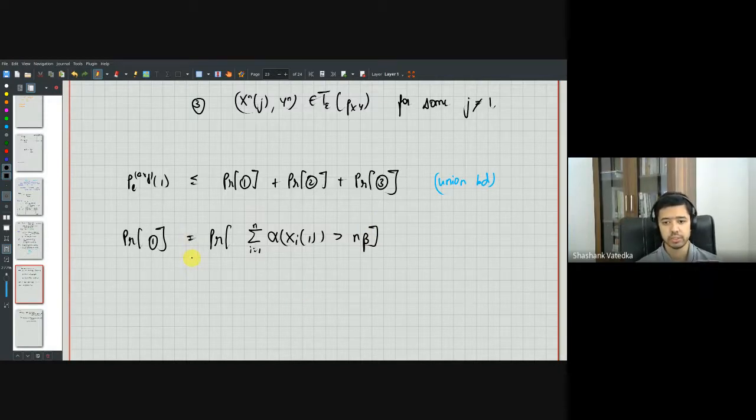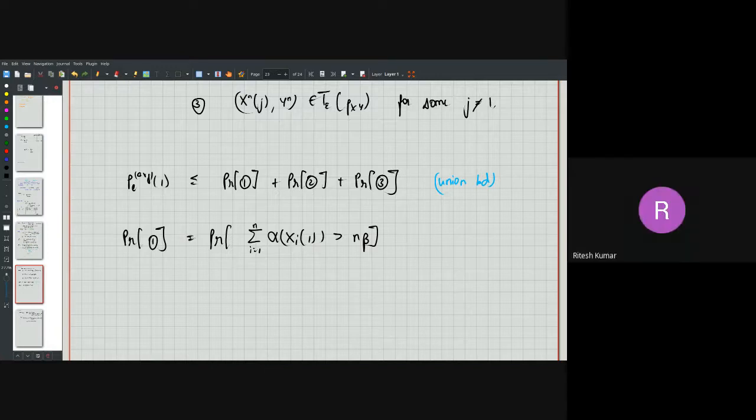Any suggestions? Here's a hint: all the xi's are IID.